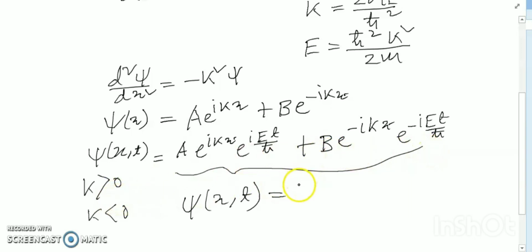Okay, so we get a equal to e to the power ikx minus k square h bar t divided by 2m.